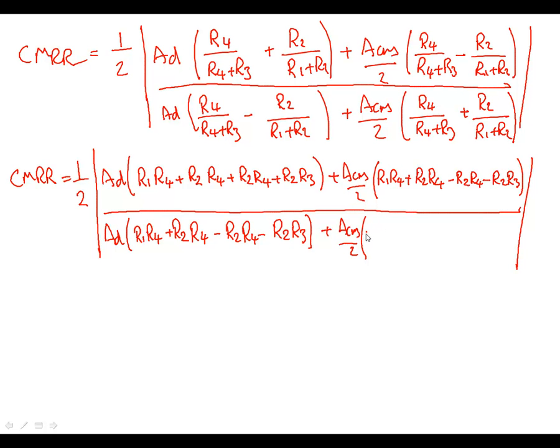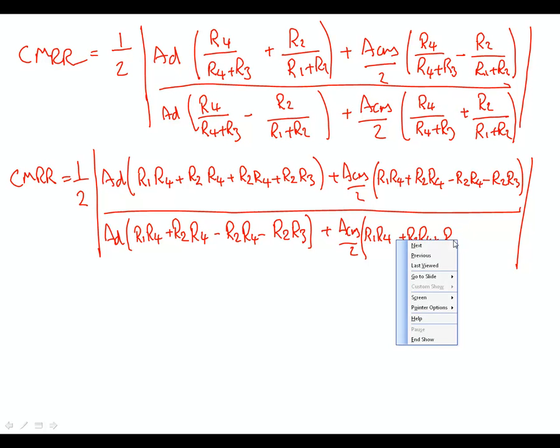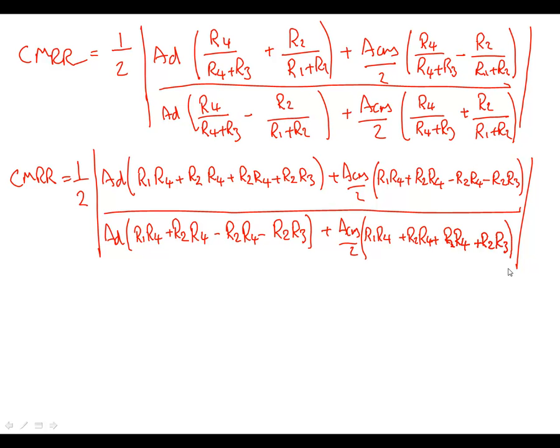We have here R1 R4 plus R2 R4 plus R2 R4 plus R2 R3.